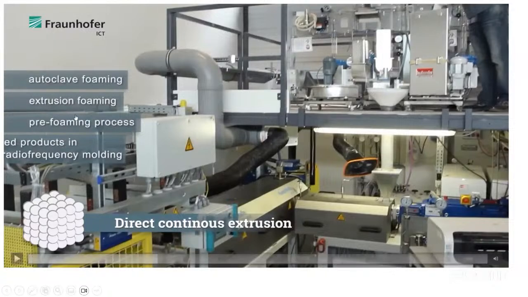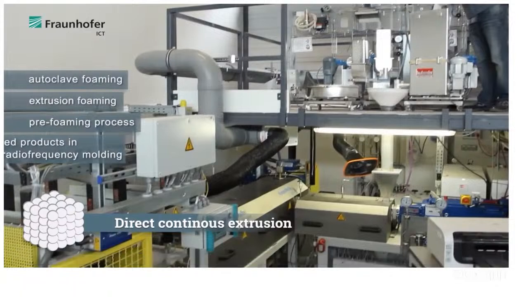Then extrusion foaming. This is also another process. We can manufacture the foam. Pre-foaming process, yes, it is possible. Then this is a product. It is a continuous type of foaming process. Now here, see the direct continuous extrusion. We can see here.